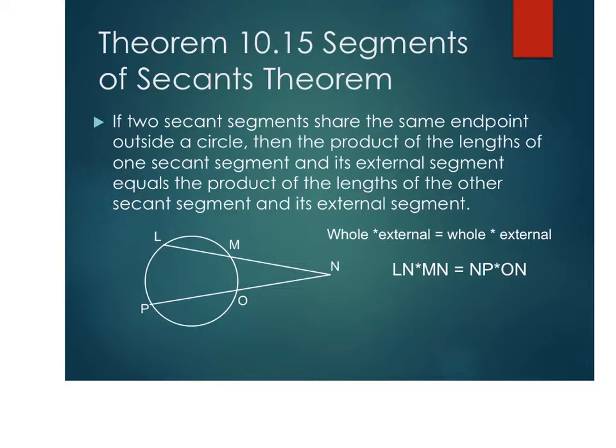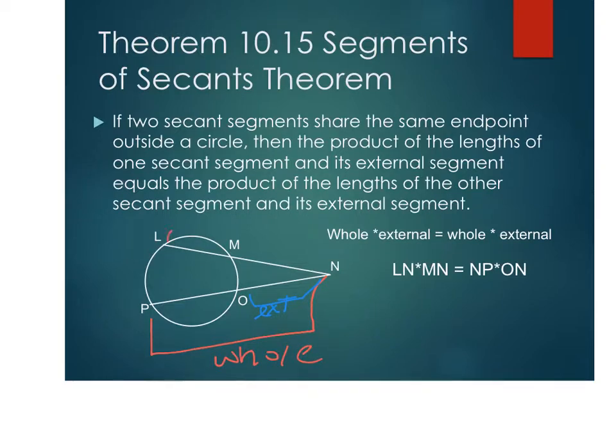So here they've shown us what it is. The whole segment on this one is PN or NP, and then the external segment would be the NO or the ON. So this is the external, and then the red is the whole.